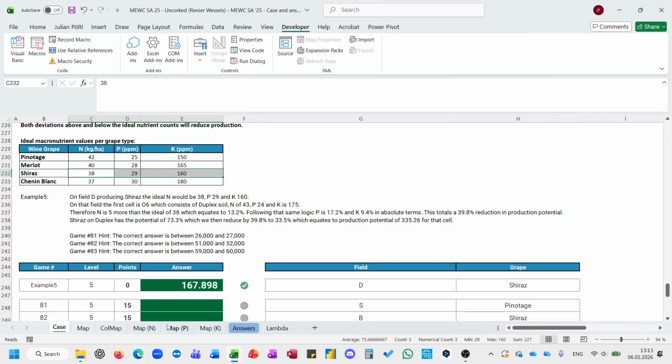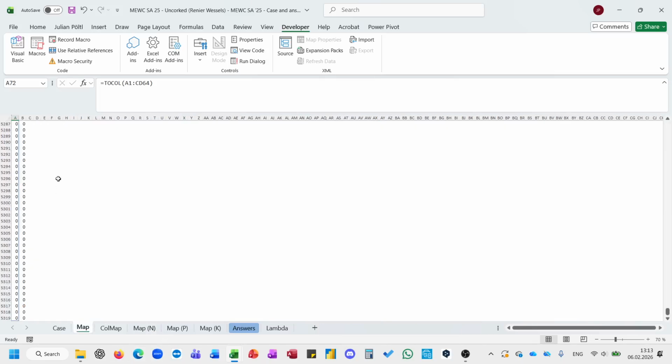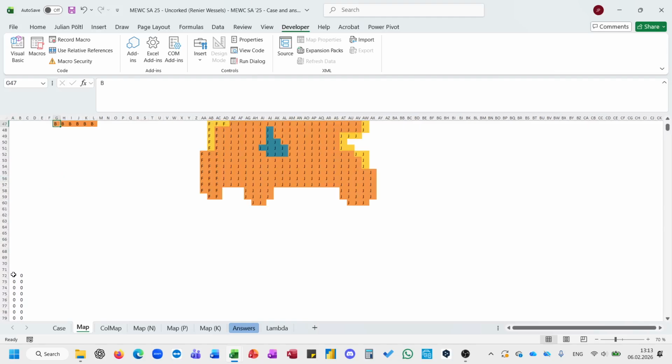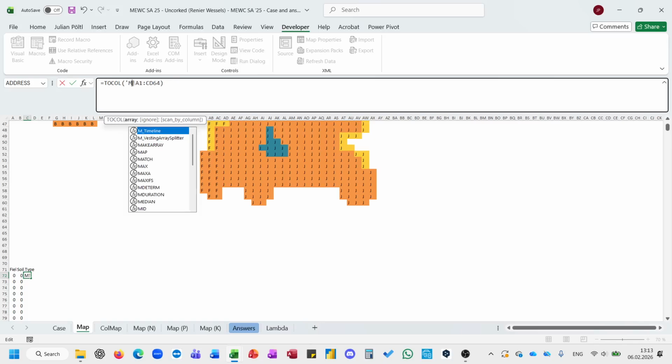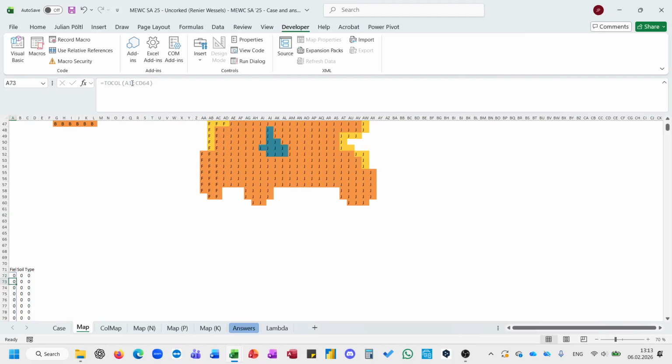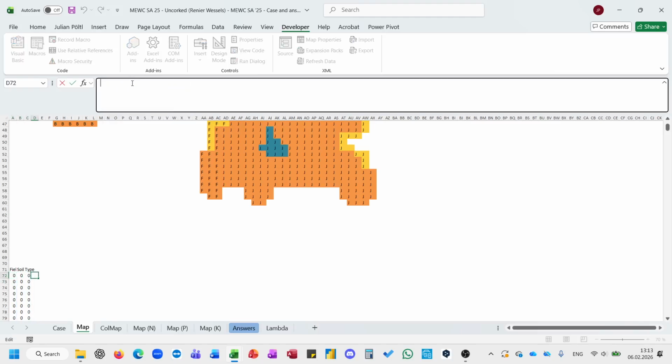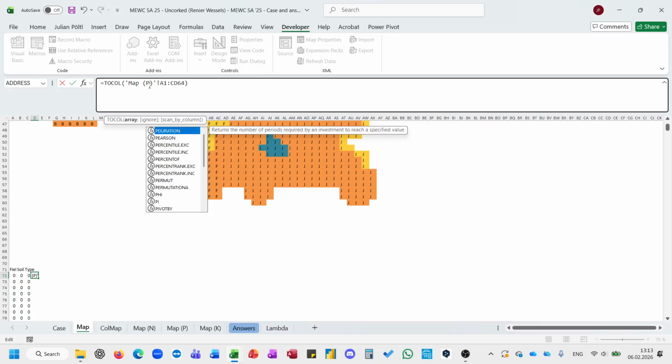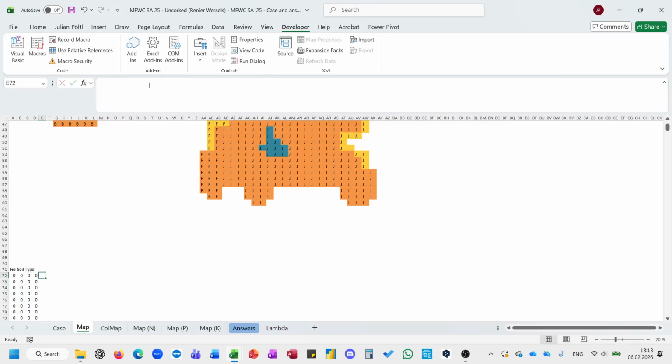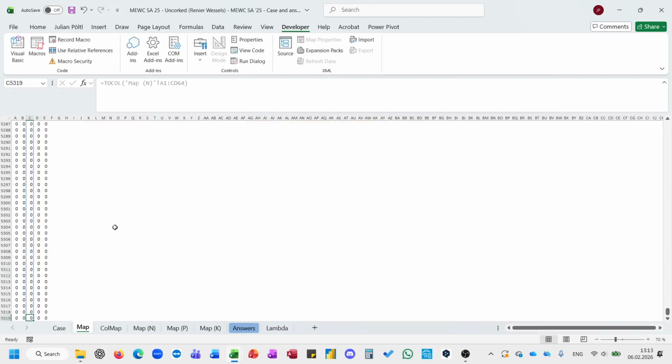Okay, don't understand this currently, but will do. Field, soil type, map, N map, P map, K map, NPK, all flat.